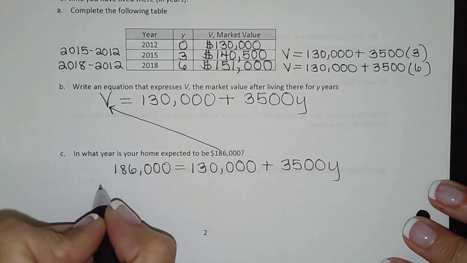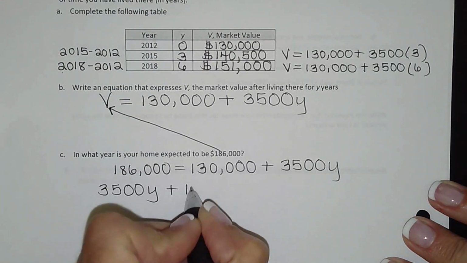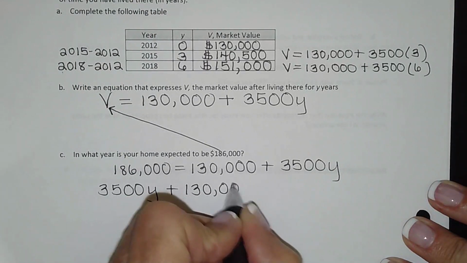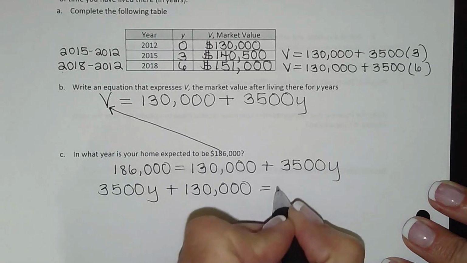And I'm going to turn this baby right around because I like having my Y on the right and up front. So 3,500Y plus 130,000 equals 186,000.